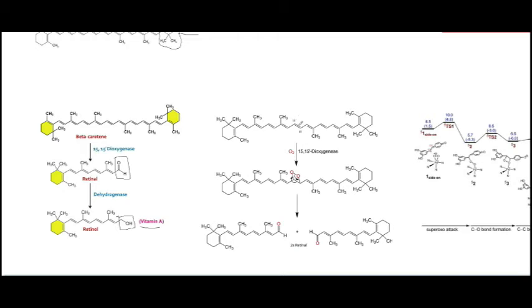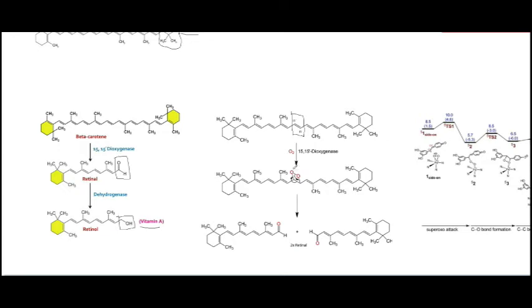15-15 prime, because we're counting from here up to here on one side, then here up to here on the other side. We get to the 15th carbon on both. And to distinguish them, we call one 15 prime and one 15. And so using this 15-15 prime dioxygenase with oxygen, we form this four-member peroxide.